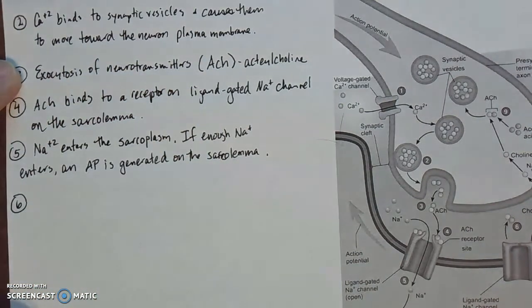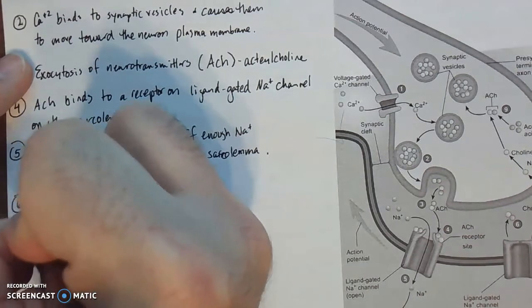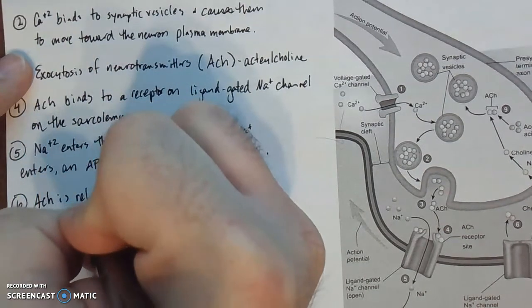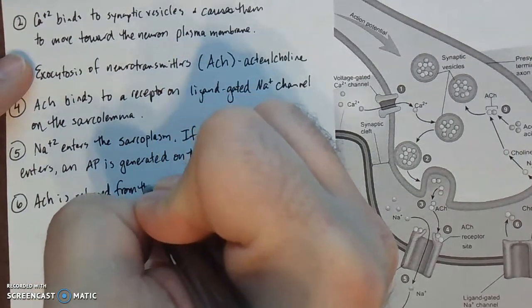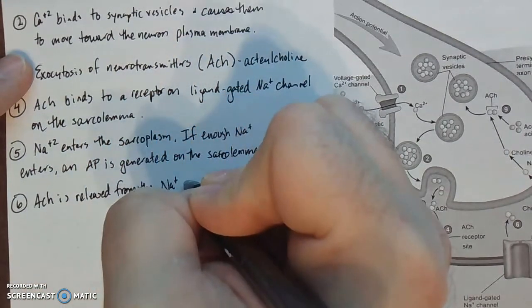So if we start looking here, number 6, ACH is released from the Na+ channel.